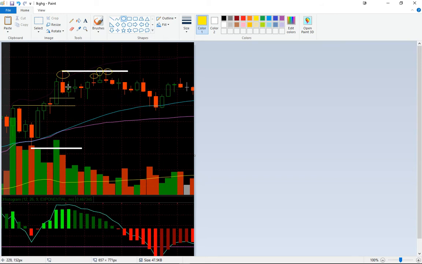When that happens on this side, not quick tails, that's the other side, basically it means that there are a lot of sellers right there, and there just aren't enough buyers to overpower them.